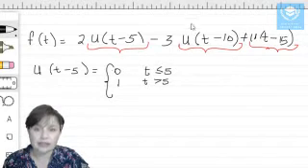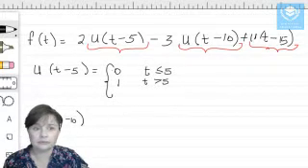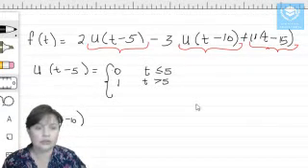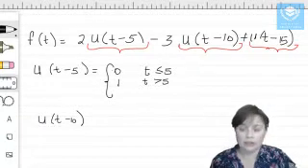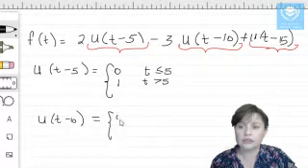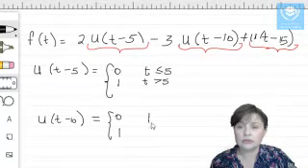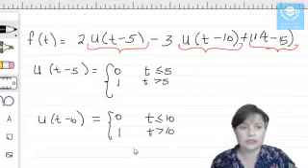The second function, which is u of t minus 10, is going to be equal to either 0 or 1, where t is less than or equal to 10, and where t is greater than 10.